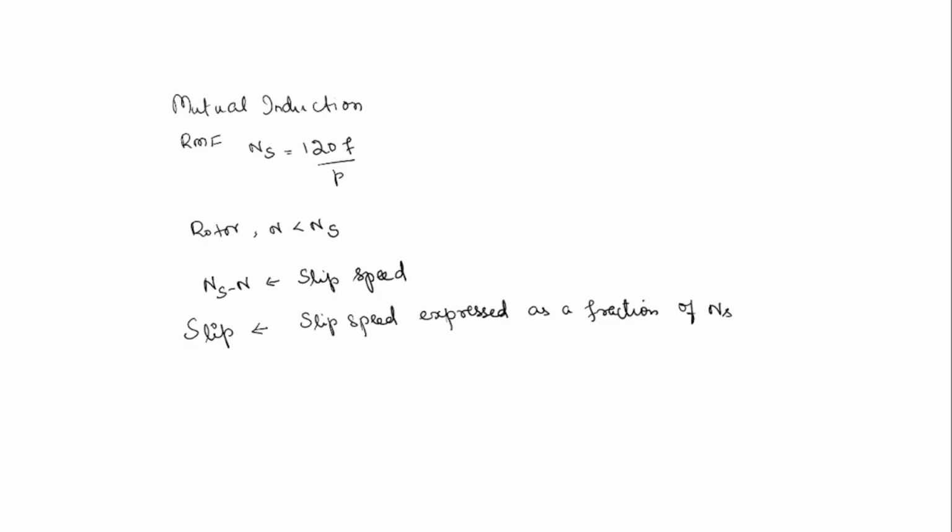So the slip is given by s is equal to ns minus n divided by ns. Or if we want to express it in percentage, percentage s is equal to ns minus n divided by ns into 100. Now if we cross multiply, we'll get s into ns is equal to ns minus n.